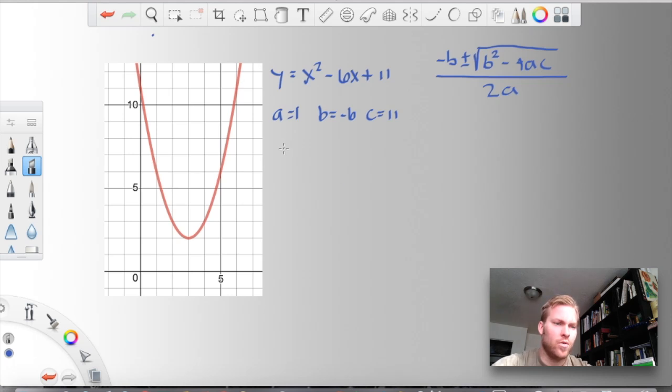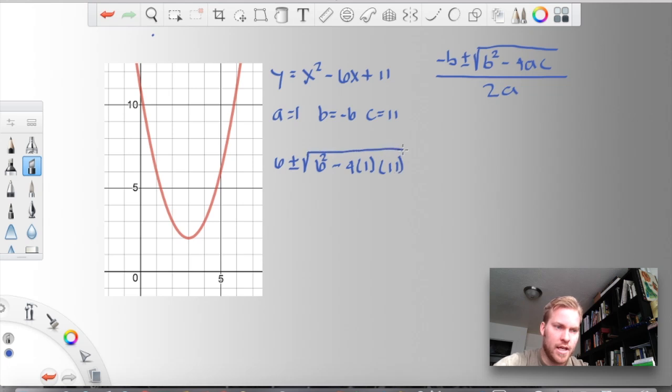Okay, so my negative b is going to be negative 6, and a negative of a negative number is a positive number, right? So we can just write that as 6 plus or minus the square root. I'm going to have my 6 squared here, or b squared, which was 6, minus 4 times my a value, which is 1, times my c value, which was 11.